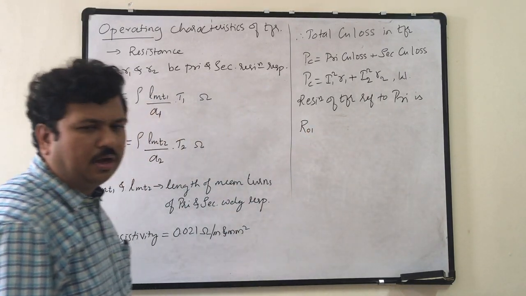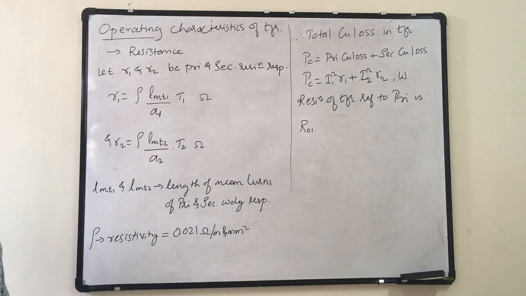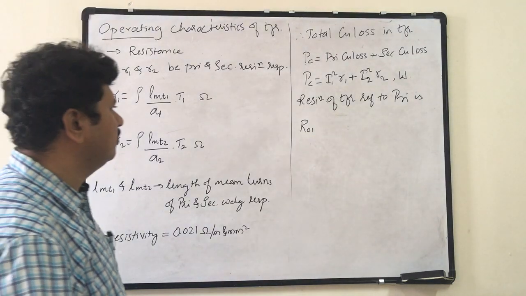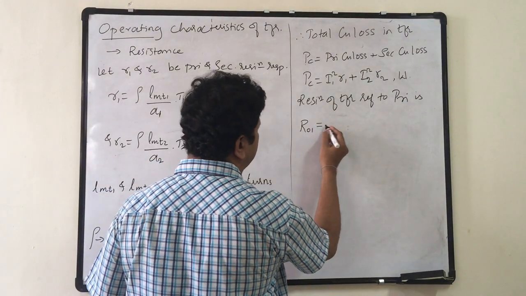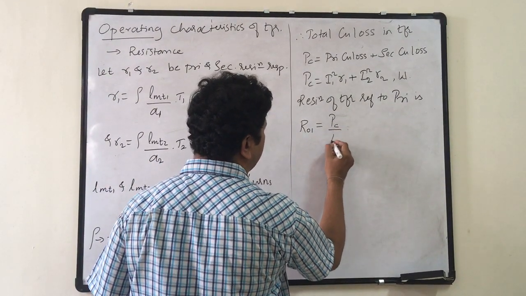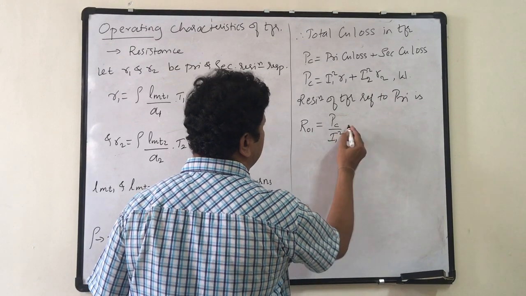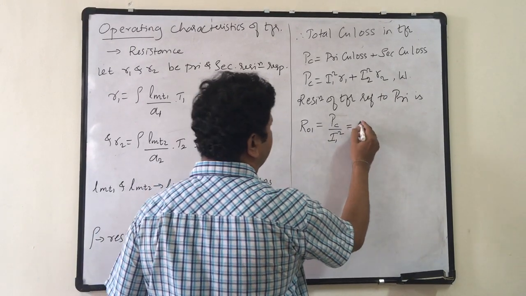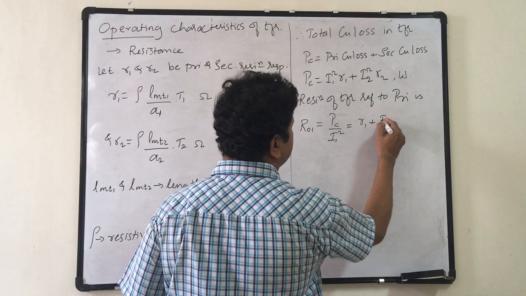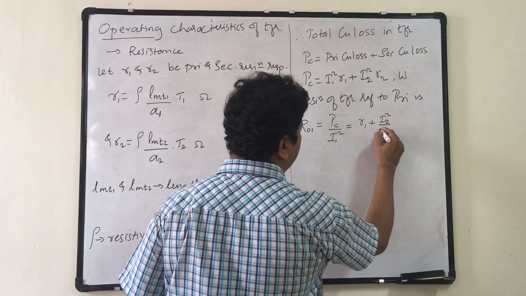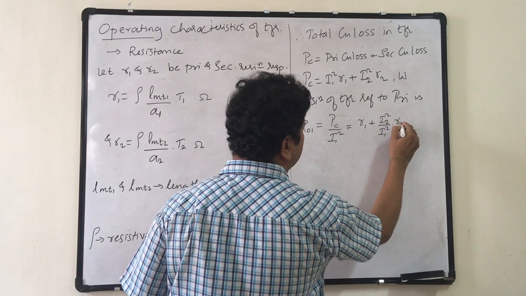R01 or R1E, that is R1 equivalent, anything you can use, is equal to PC divided by I1 square. This will be equal to R1 plus I2 square by I1 square into R2.